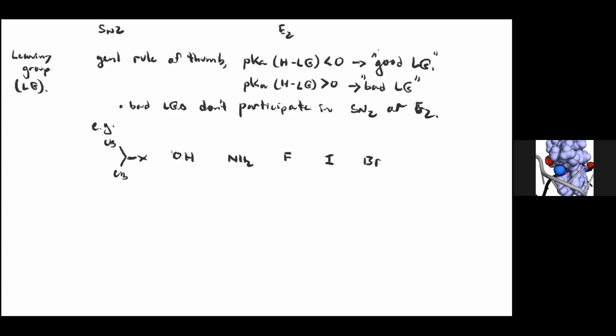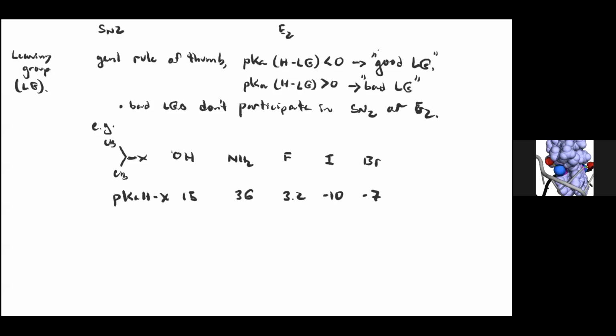I'm not going to list all the possibilities. But the pKa then of HX is going to be about 15, 36, 3.2, minus 10, and I think about minus 7, okay?